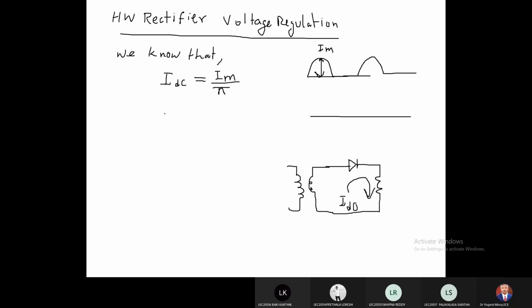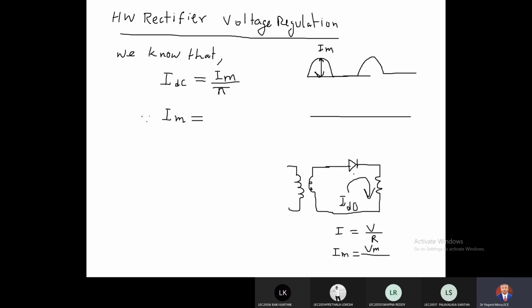Now, Im will be represented using Ohm's law, V is equal to IR, so I is equal to V by R. We are talking about Im, so Im is equal to Vm, the peak voltage, divided by resistance.